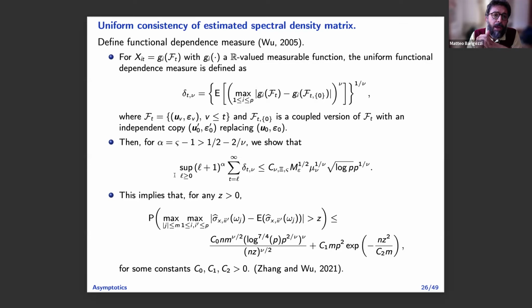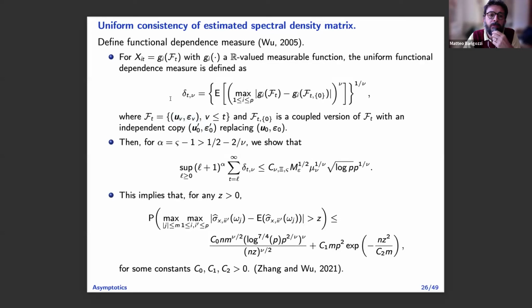If you can prove that your data has this quantity, what is this quantity? You say your process is a measurable function of some filtration made of the innovations. Then if you take that filtration and change one innovation with an independent copy, you want to see how much your process changes, according to some metric, which is this norm written here.